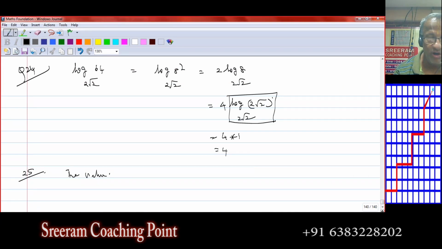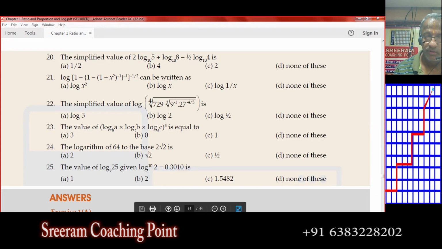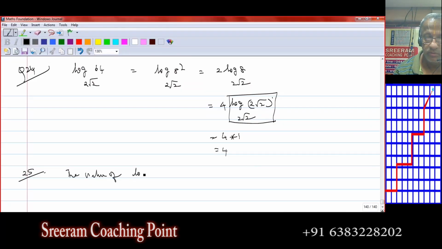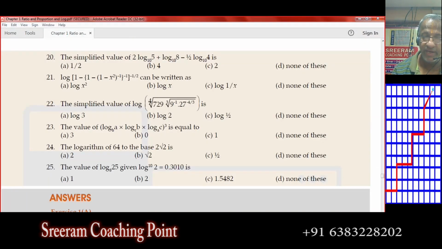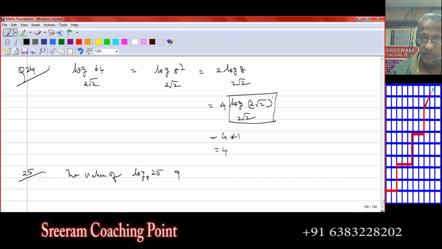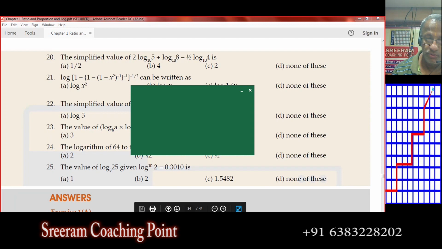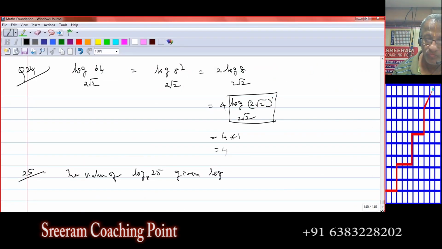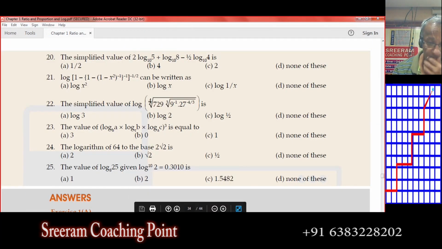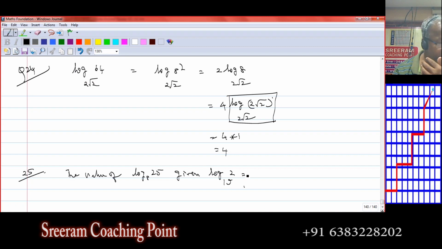The value of log 25 to the base 8, given log 2 to the base 10 is equal to 0.3010.